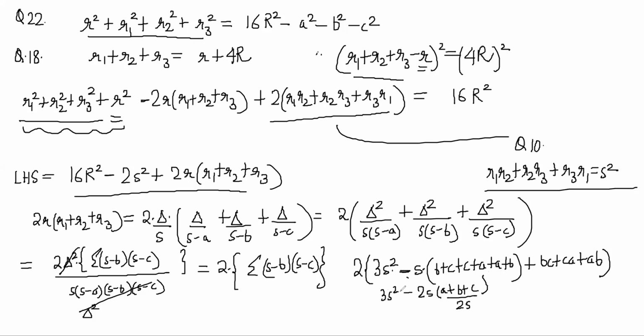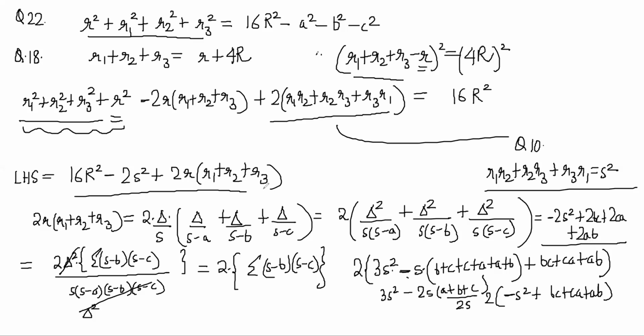So 3s square minus 4s square becomes minus s square plus bc plus ca plus ab, the whole thing inside and multiplied by 2 on the outside. So this thing is equal to minus 2s square plus 2bc plus 2ca plus 2ab, right? I have just multiplied by 2 and written the answer here.